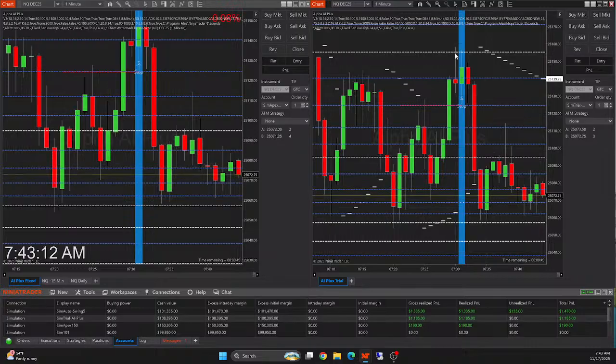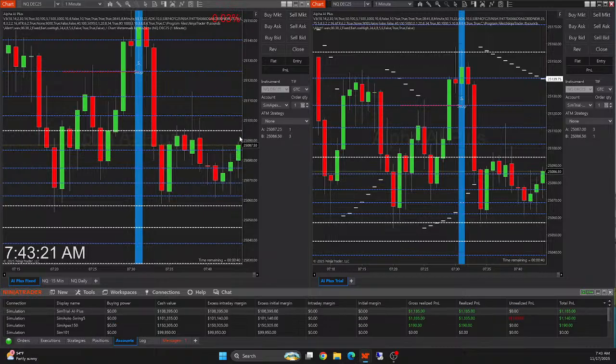What is your favorite style or template to trade so far with the system? Trailing stop, fixed, pre-market, swing 5. Which one is your favorite?